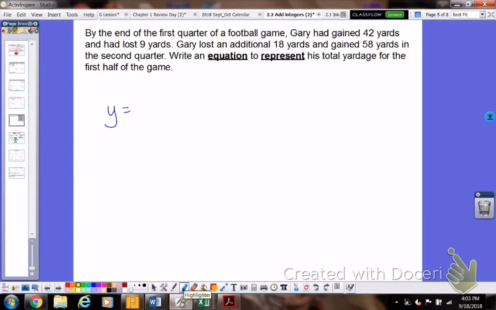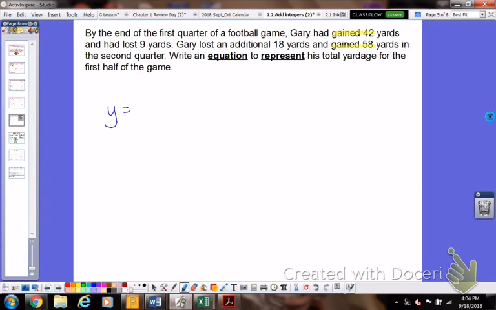I'm going to highlight in yellow to represent anything that's positive. So by the end of the first quarter of the football game, Gary had gained 42. Gain would be a positive. Then he lost 9. So I'm going to skip that for now. Gary lost an additional 18. Again, loss would be negative. And then gained 58 yards in the second quarter. Okay, so there's our positives.